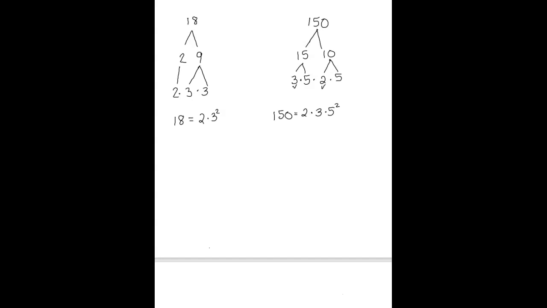It doesn't take very long to factor something down to a very small piece of information. Very quickly we can reduce that down to prime numbers and see what it's made up of. And the value in that is going to be in finding greatest common denominator and least common multiple.